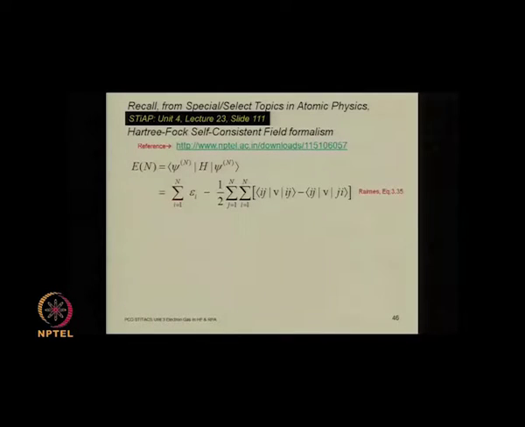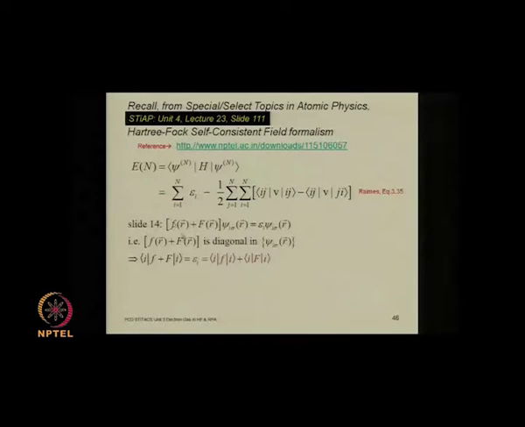So, I will not go through it, and it is that epsilon I which had appeared as a Lagrange multiplier in the Hartree-Fock formalism, to enforce the constraints that the individual spin orbitals are orthogonal and normalized. So, it is that epsilon I which is appearing over here, and this is the energy functional.